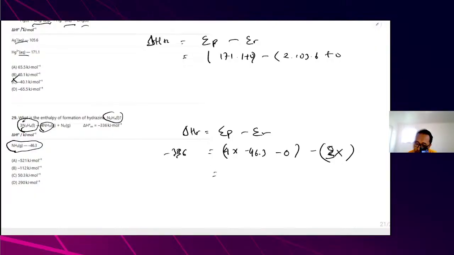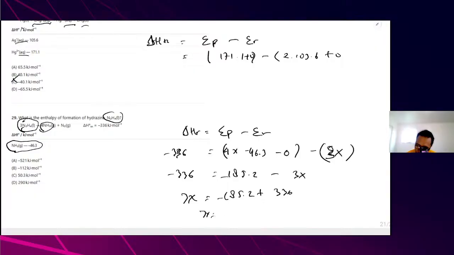Putting it together: minus 46.3 times 4, minus 3x, plus 336.